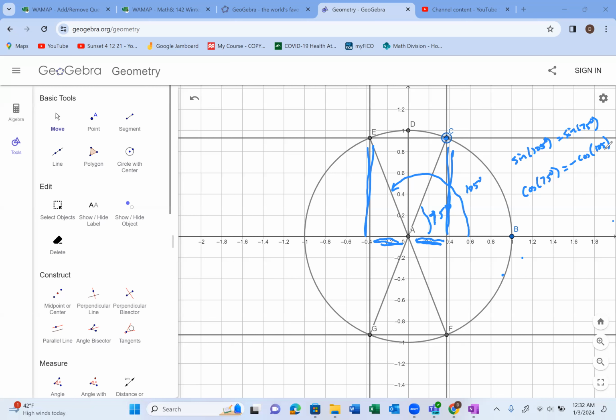They're going to have the same value, but the cosine here would be negative in that instance, because I'm more than 90 degrees. My angle is popped into the second quadrant, so the cosine is going to be negative. Something to note: in the unit circle, the cosine is the x value and the sine is the y value, and in the first quadrant all are positive.